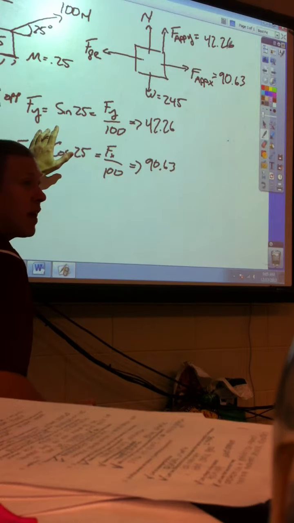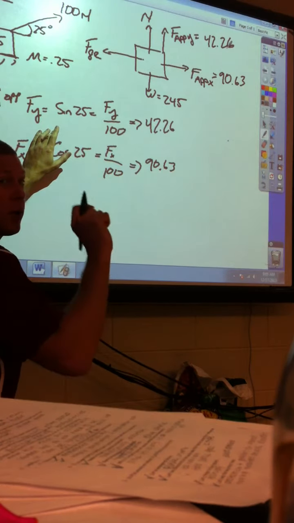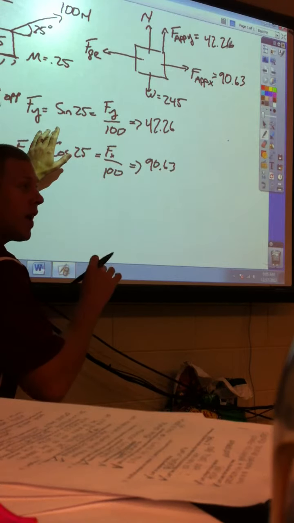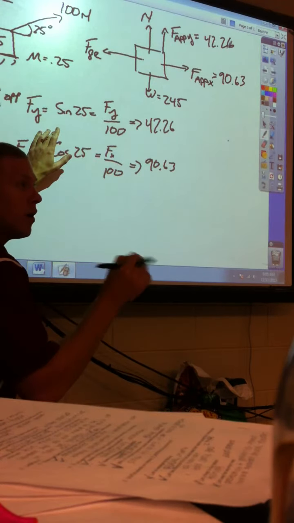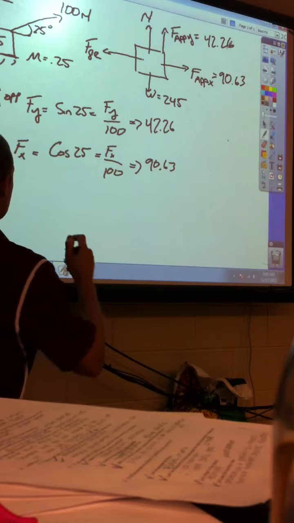So that means F net is equal to m times a. Remember, you have two different possibilities for F net: F net could either equal m times a, or F net could equal 0. When does it equal 0? Constant velocity or not moving, okay?